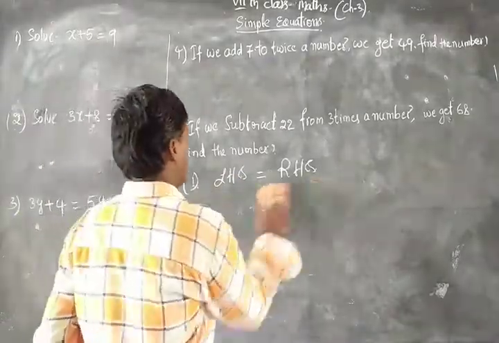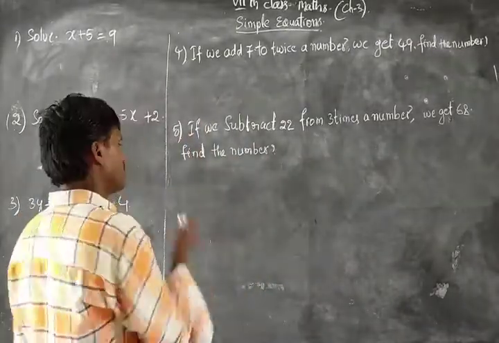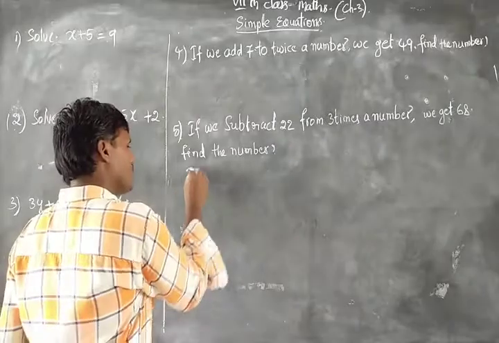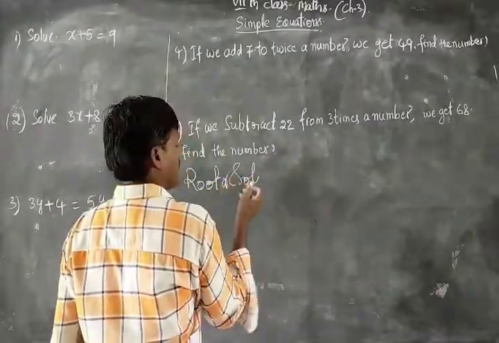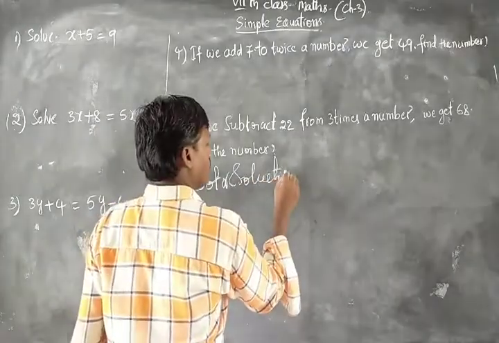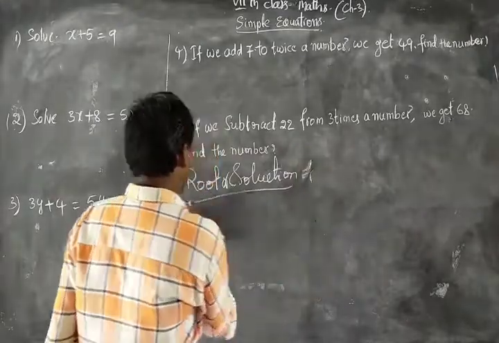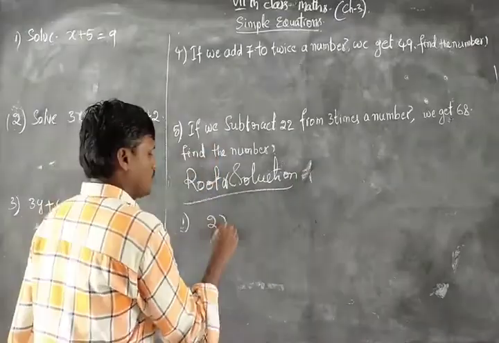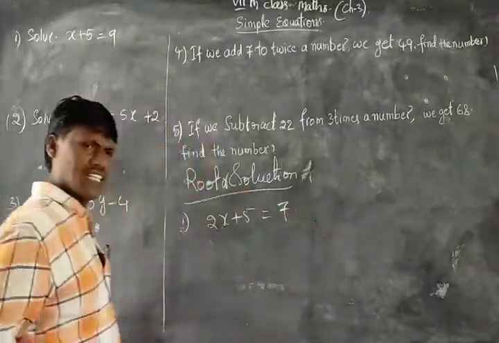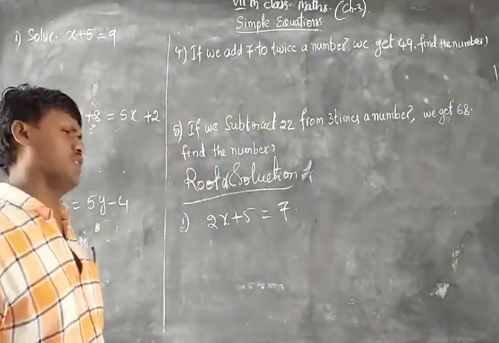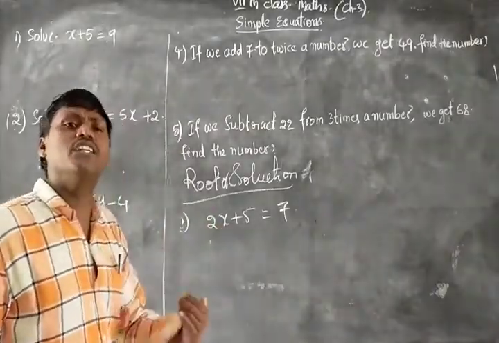Next, another point is root or solution of an equation. For example, 2x plus 5 equal to 7. Then how do you say what the root or solution is? Instead of the variable, which value is suitable?